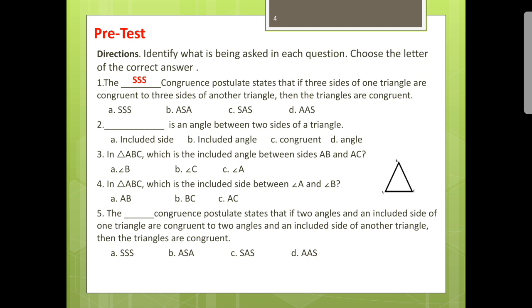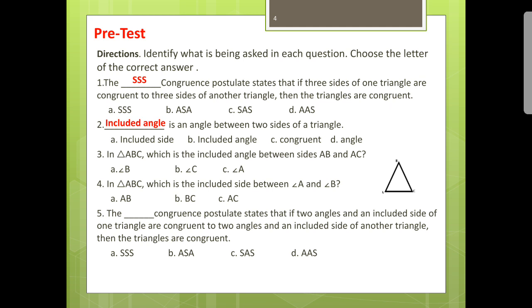Number 2. Blank is an angle between two sides of a triangle. A, included side, B, included angle, C, congruent, or D, angle. So the answer is letter B, included angle. Next, number 3.